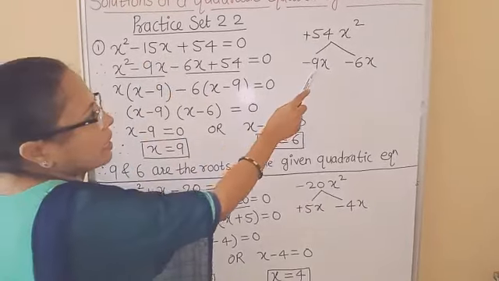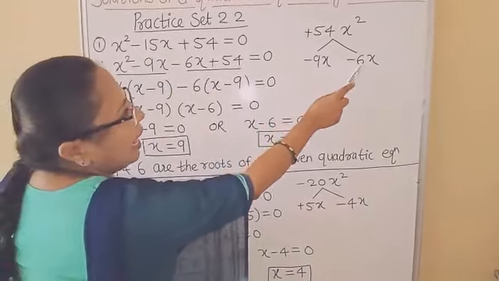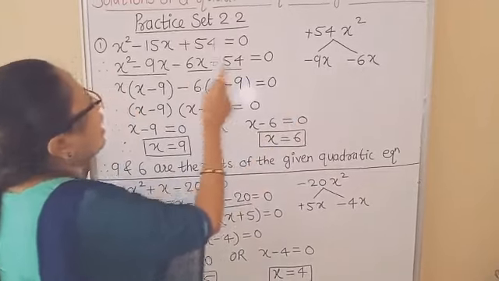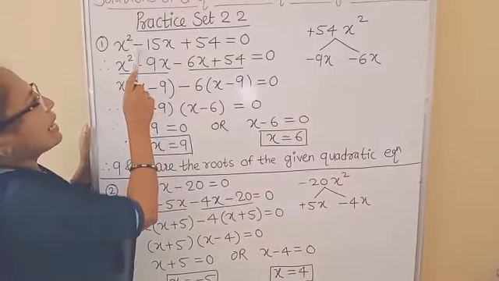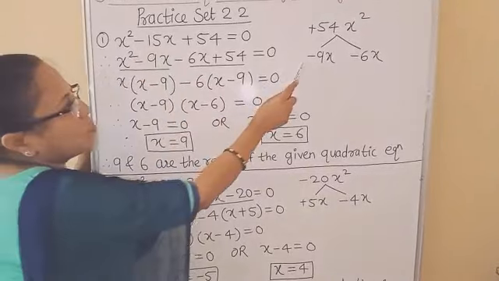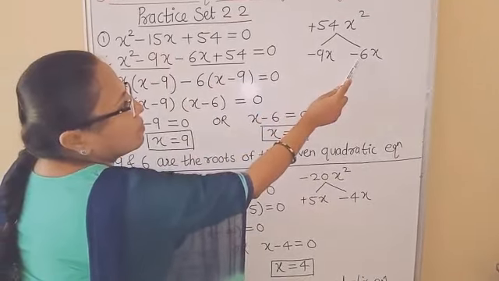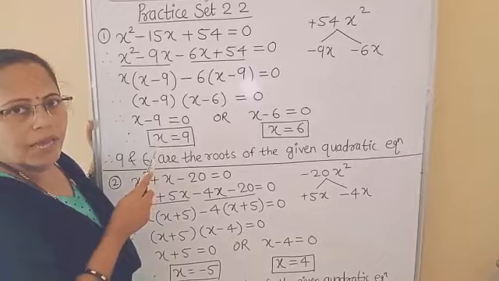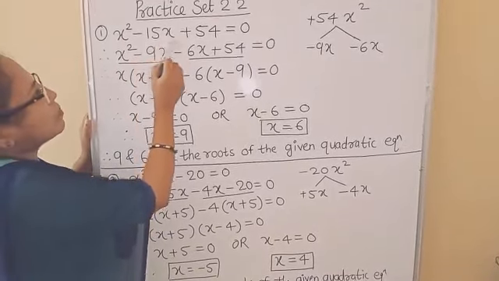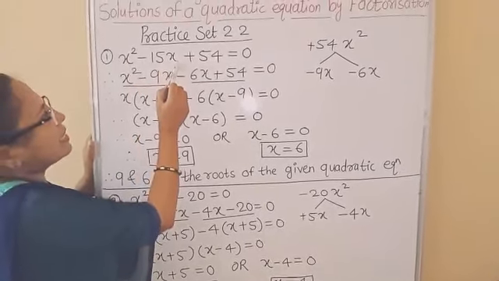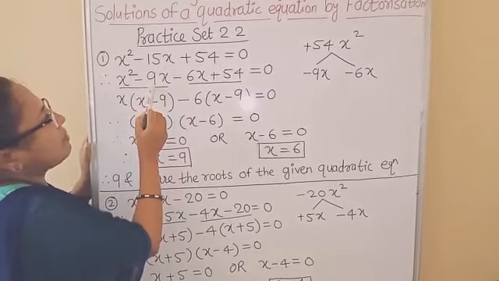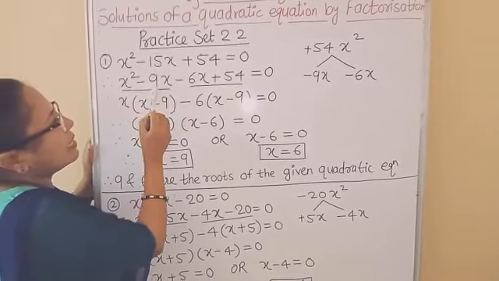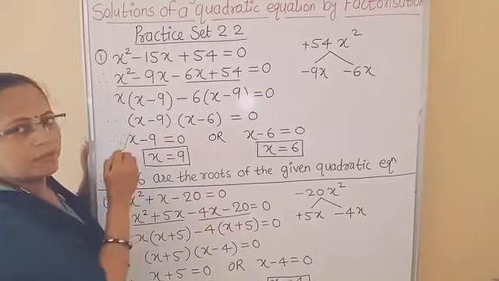Those factors are 9x and 6x. As the middle term has a negative sign here, both the factors will have a negative sign. Now we will split the middle term 15x using the factors minus 9x and minus 6x.